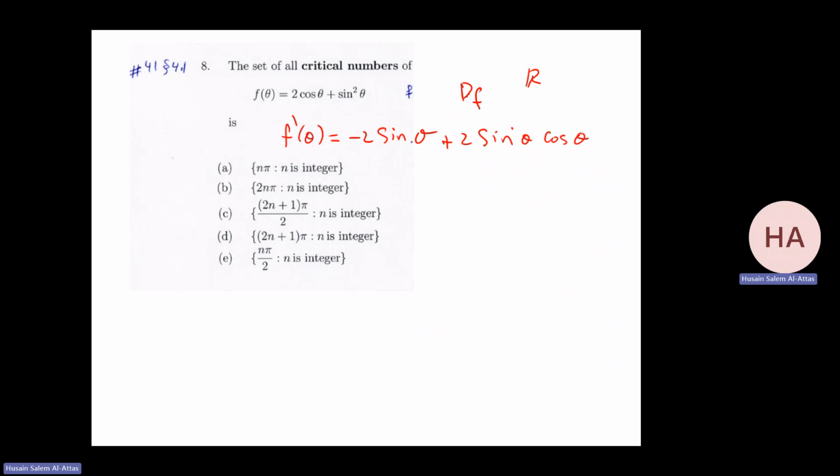I can take 2 sine as a common factor. I have minus 1 plus cosine theta equal to 0.